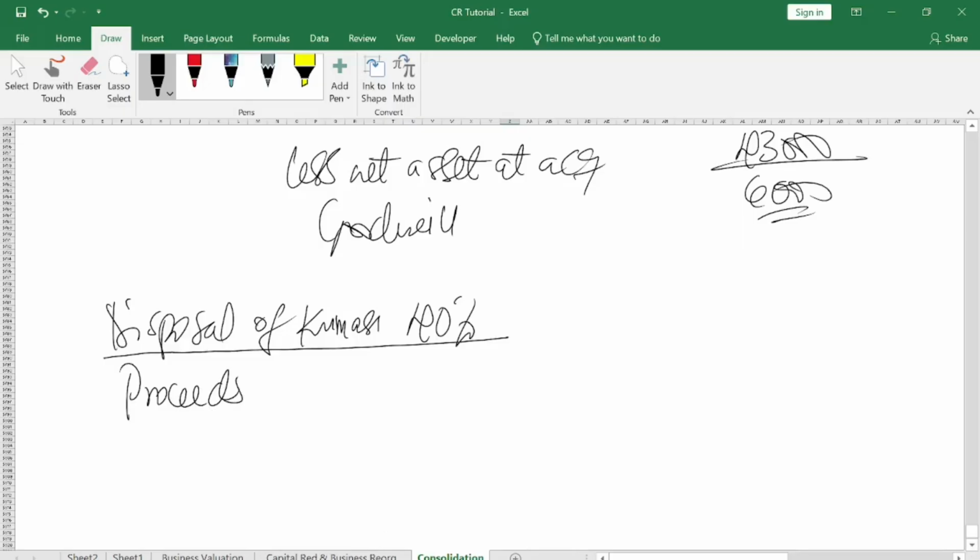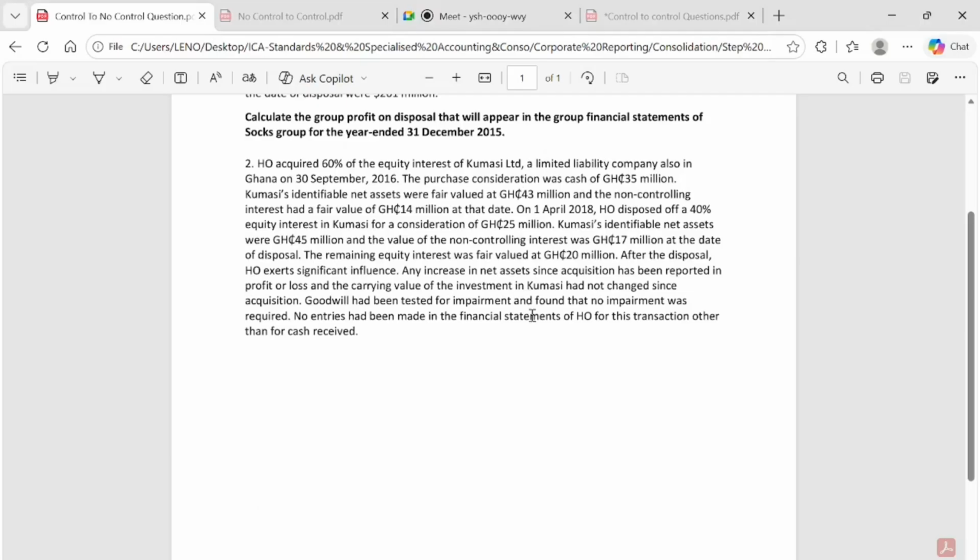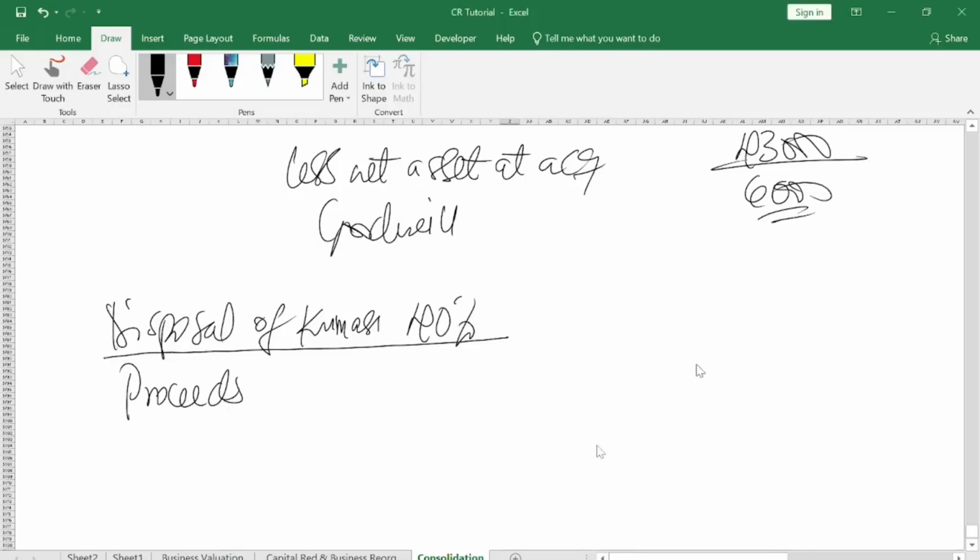How much did they sell? They sold it at 35 million, sir. Are you sure? 25 million. You should differentiate between purchase consideration and disposal consideration. You should know that. 25 million. All right. So the proceeds are 25 million.